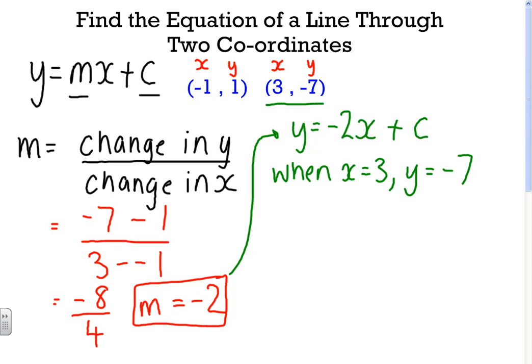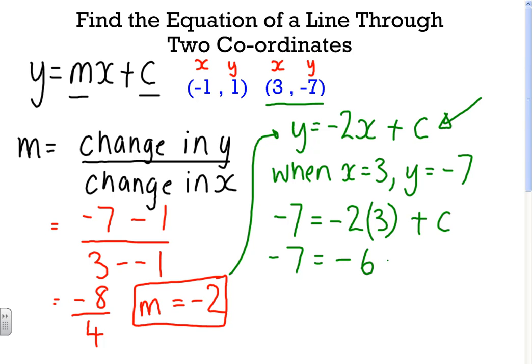So I'm going to substitute this into this formula here that I've just written out. So instead of y, I'm going to write -7 equals -2 x, so -2 lots of 3, plus c. So -7 equals -6 plus c. So c equals -1.